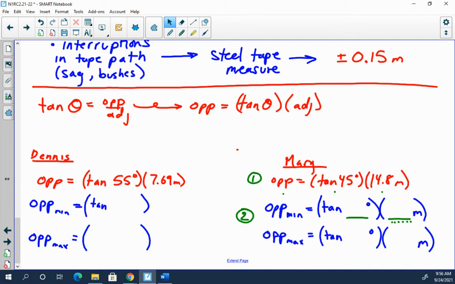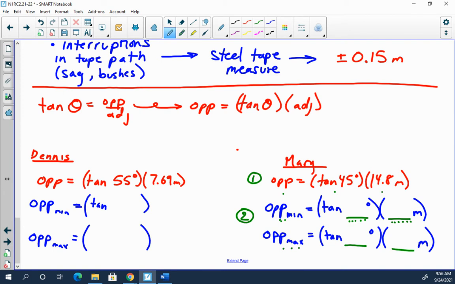So as your angle goes up, the result of the tangent goes up. So if we want to minimize our opposite here, our height, then we need to minimize the angle over here. Well, that's good to know. And then obviously come down here to the max. If you want to maximize your height, you have to maximize the angle and you have to maximize the base.